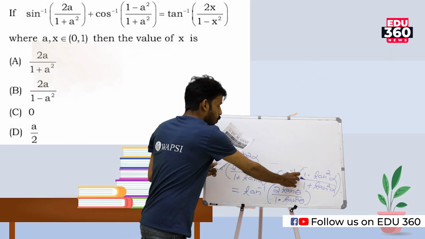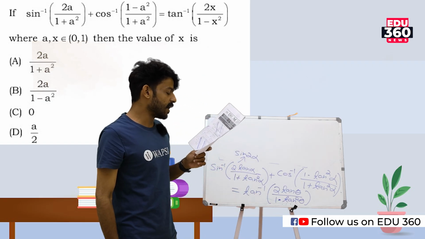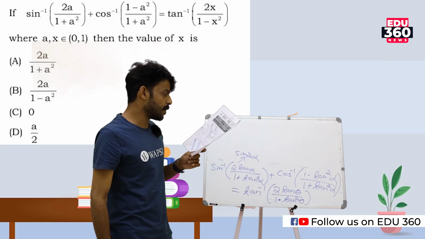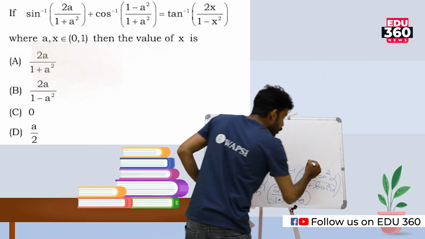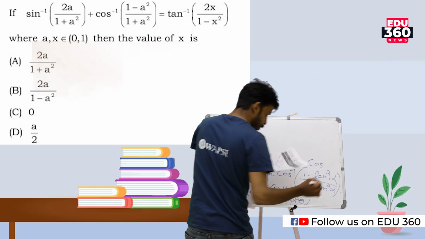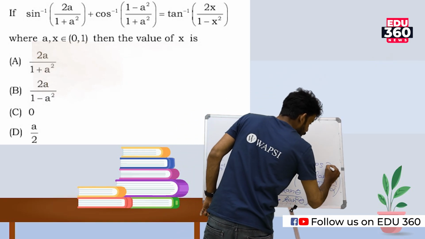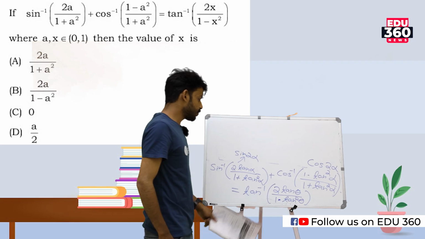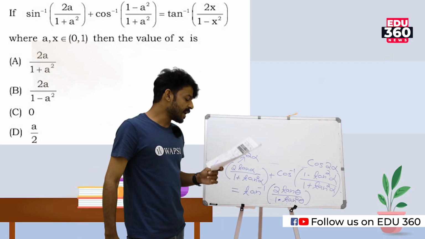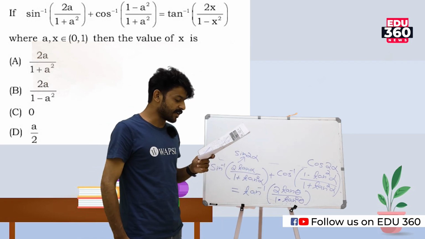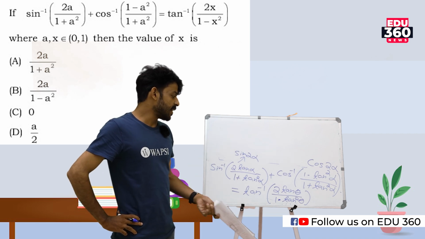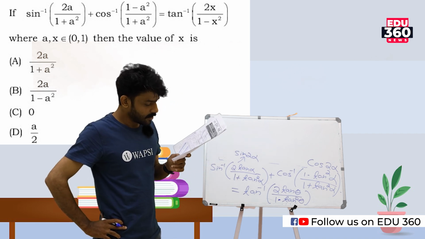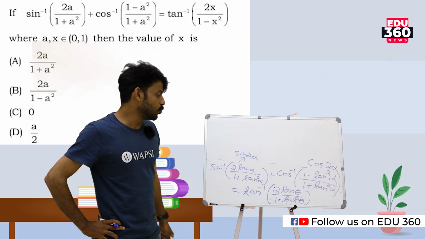And 1 minus tan square alpha divided by 1 plus tan square alpha is equal to cos 2 alpha. And 2 tan theta divided by 1 minus tan square theta, simply we can write it as tan 2 theta.